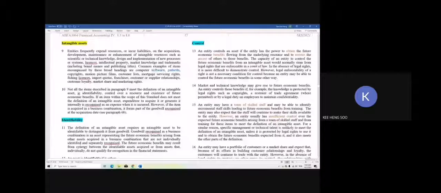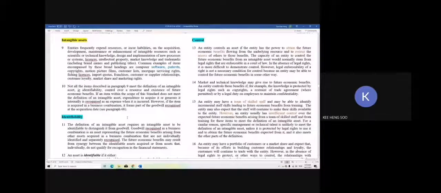So identifiable must be separable. Remember that. Control: you must be able to obtain a benefit. Not only obtain, you must be able to restrict, stop other people from using it.